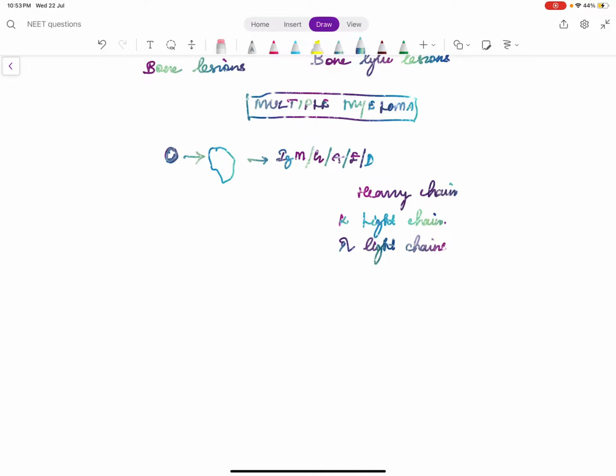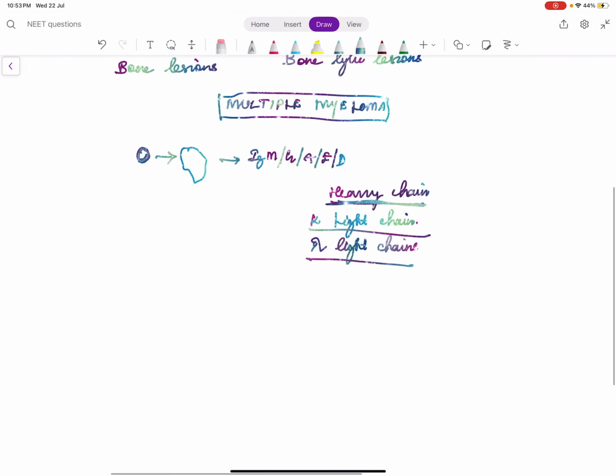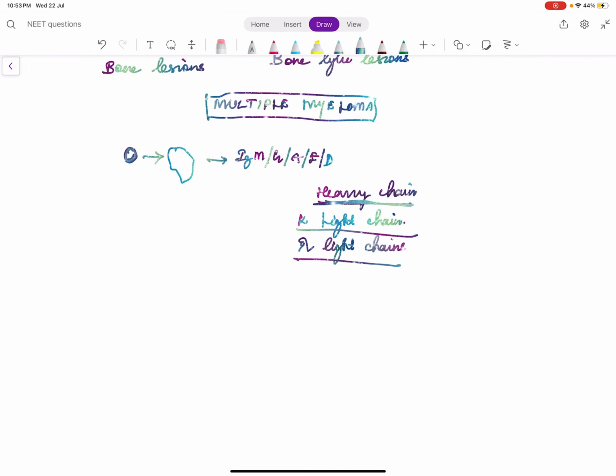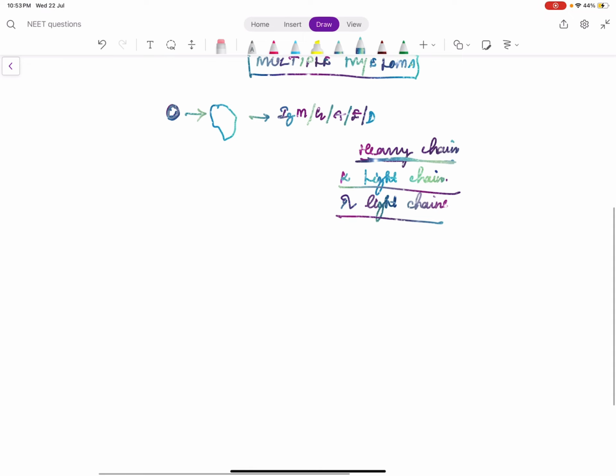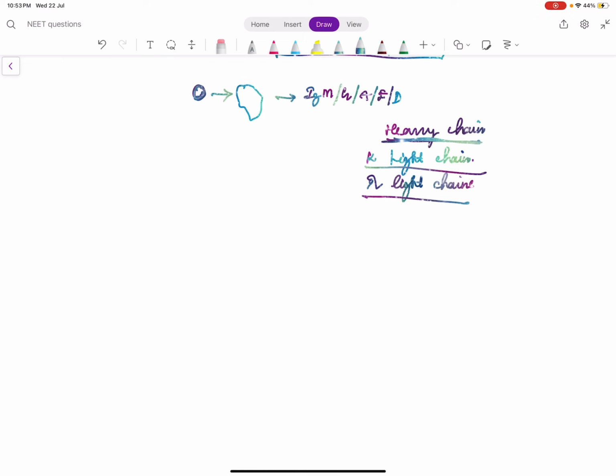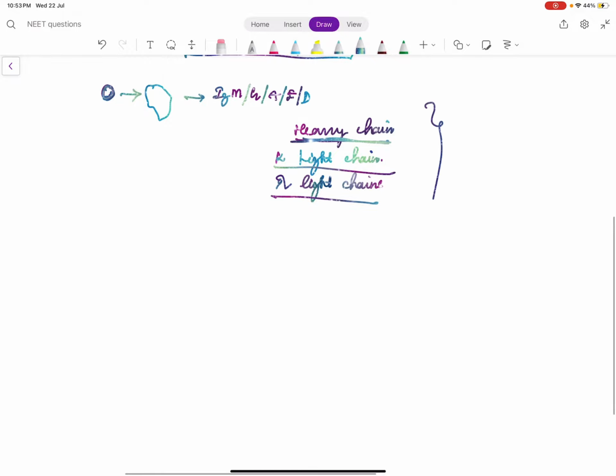They are secreted as an immunoglobulin, but they are produced separately as heavy chain, kappa light chain and lambda light chain. So they come in different combinations. In few, kappa light chains will be produced and in few, lambda light chains will be produced. So everything comes together. Remember, when everything is mixed together, we call it polyclonal.